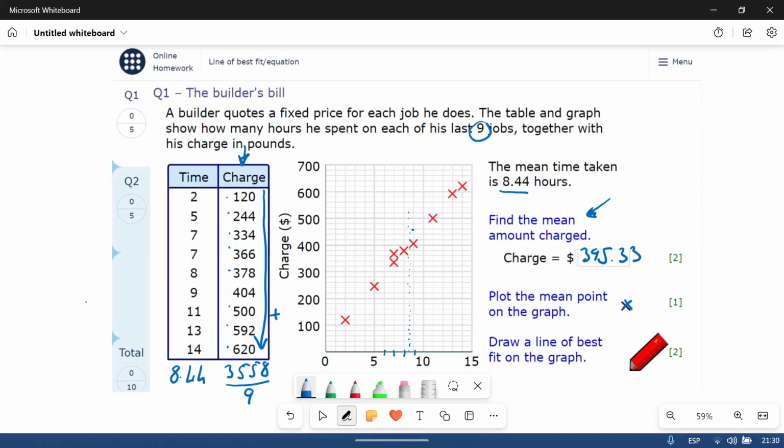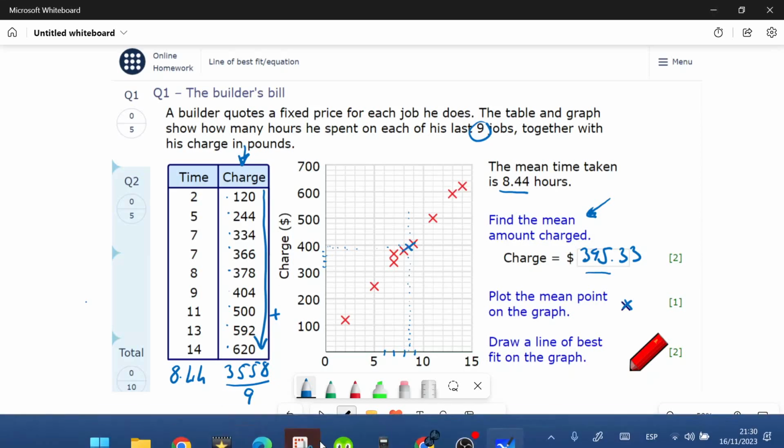And for 395, this is 300, there's 5 squares, this is 320, 340, 360, 380, so 395 will be very close to the 400. So that's where we need to drag that cross to. Be careful with that.